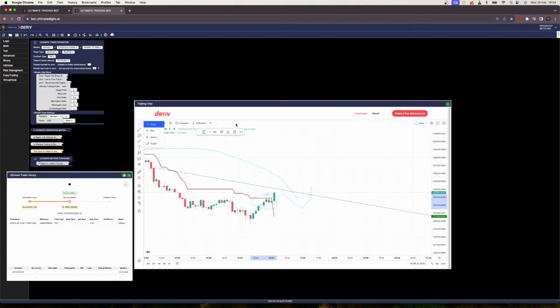So sometimes you have to close your trade at maybe the first trade, which allows you to prevent the second and the third from going into a loss because price didn't go as you predicted.